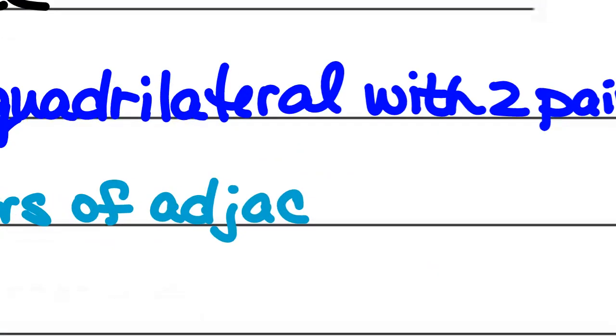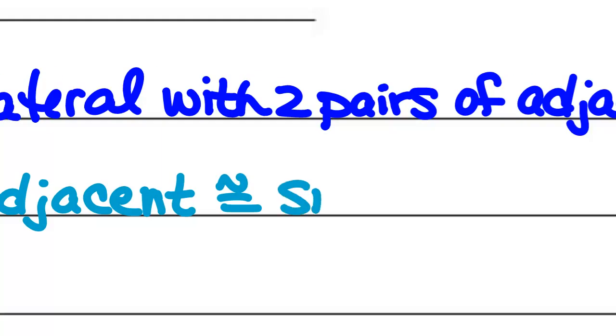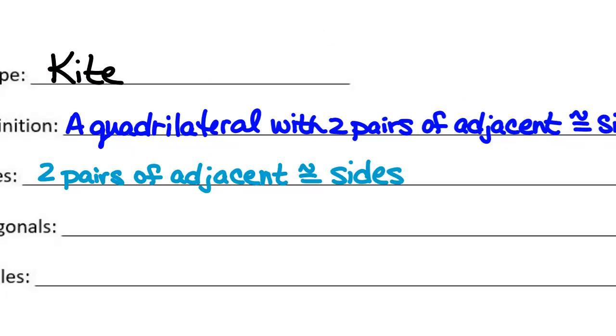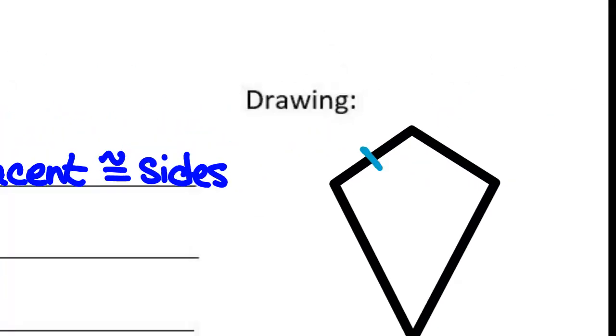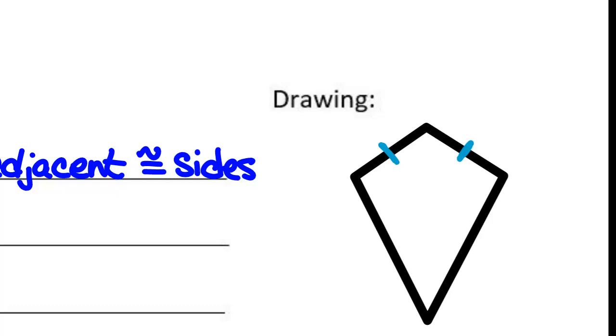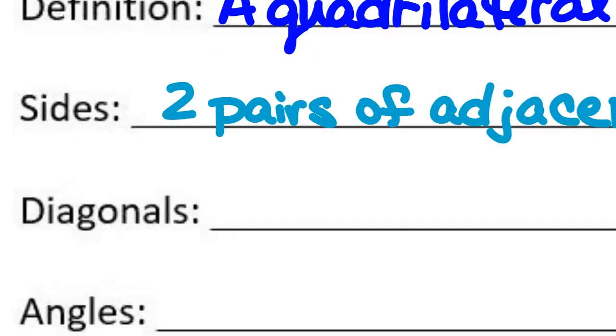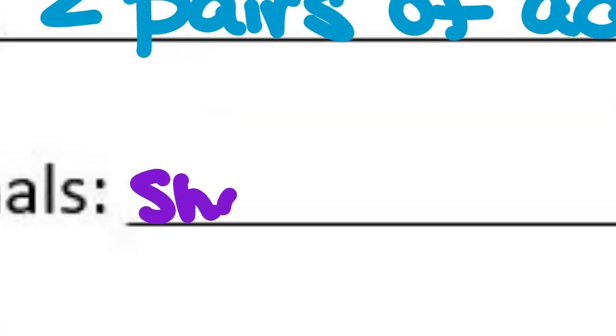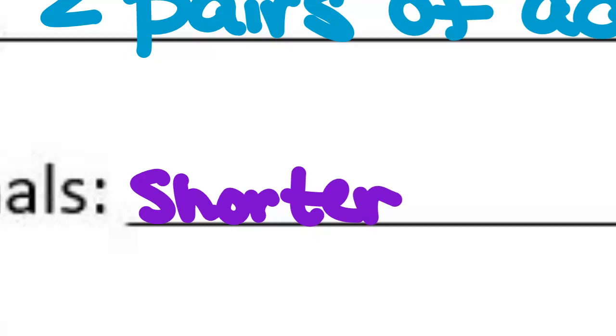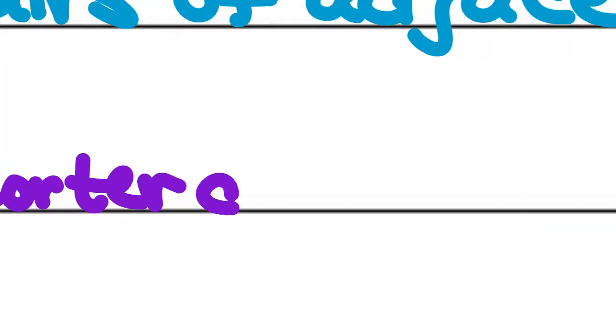We have two pairs of adjacent congruent sides. So with the way I drew my picture, these two top sides would be congruent to each other, and these two bottom slanted sides would be congruent to each other. For my diagonals, the shorter diagonal is bisected.